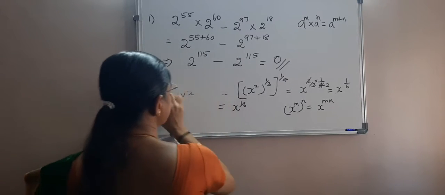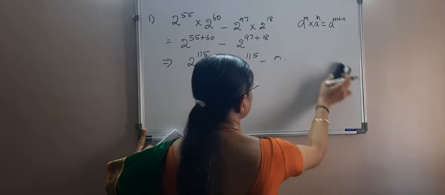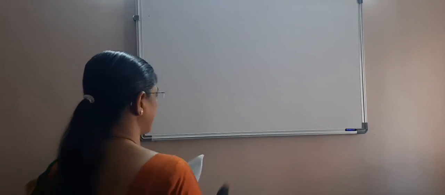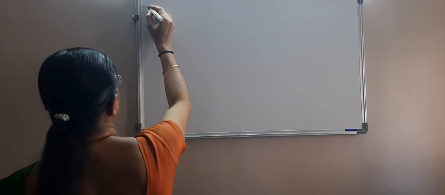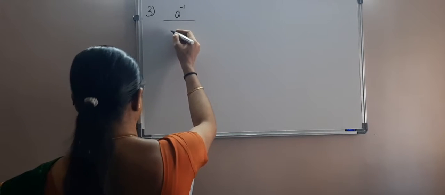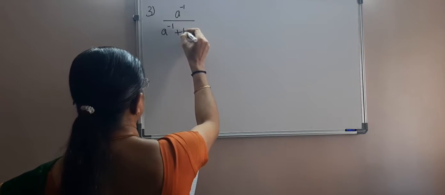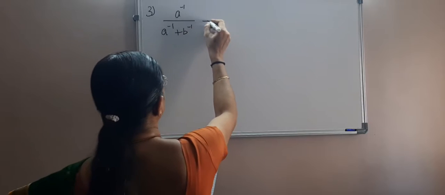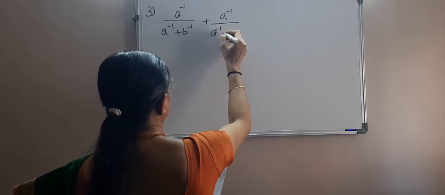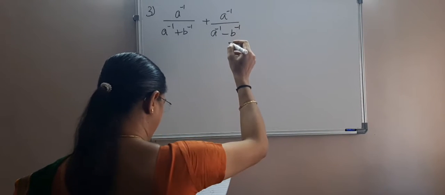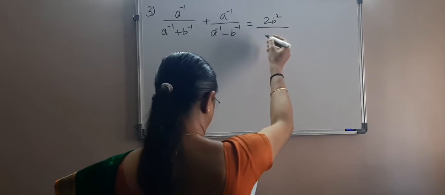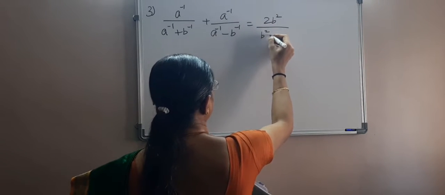The next sum, the third one, is a power minus 1 divided by a to the power minus 1 plus b to the power minus 1, plus a to the power minus 1 divided by a power minus 1 minus b to the power minus 1, is equal to 2b squared divided by b squared minus a squared.